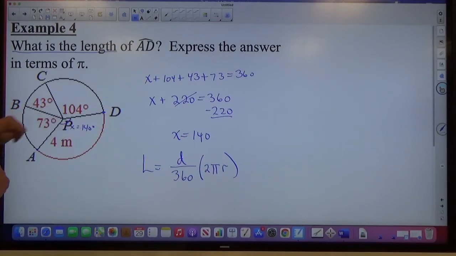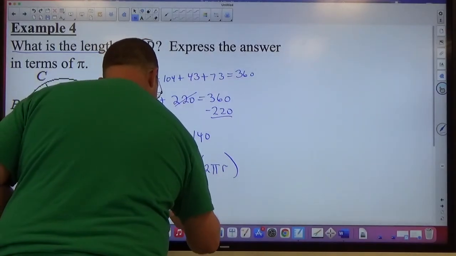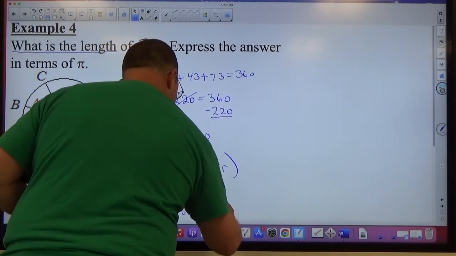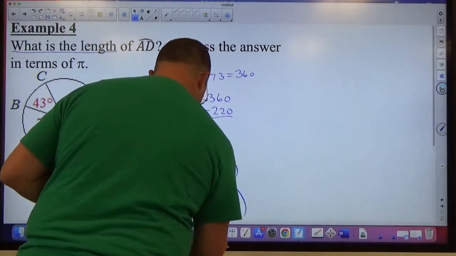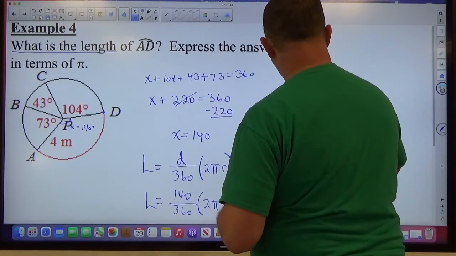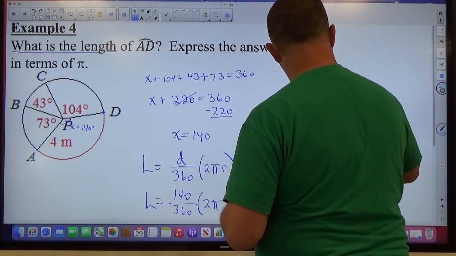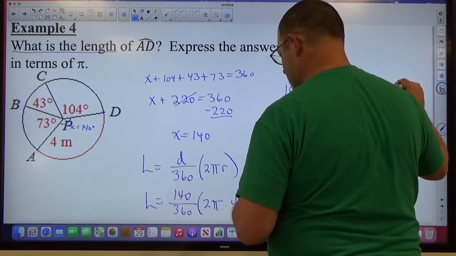So the central angle is 140, so the arc length here is going to be 140 over 360 times 2 pi times the radius of 4 meters. So again, what's going in my calculator is going to be 140 times 2 times 3.14 times 4 divided by 360.